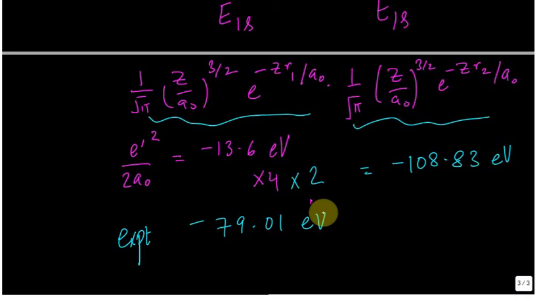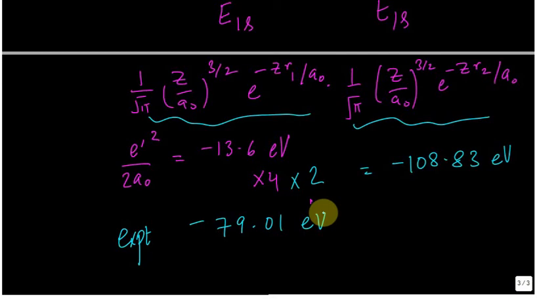That is for the first electron that goes out. For the second electron, it becomes hydrogen-like, and for the hydrogen-like you can get an exact solution. So add these two energies up and you get minus 79.01.